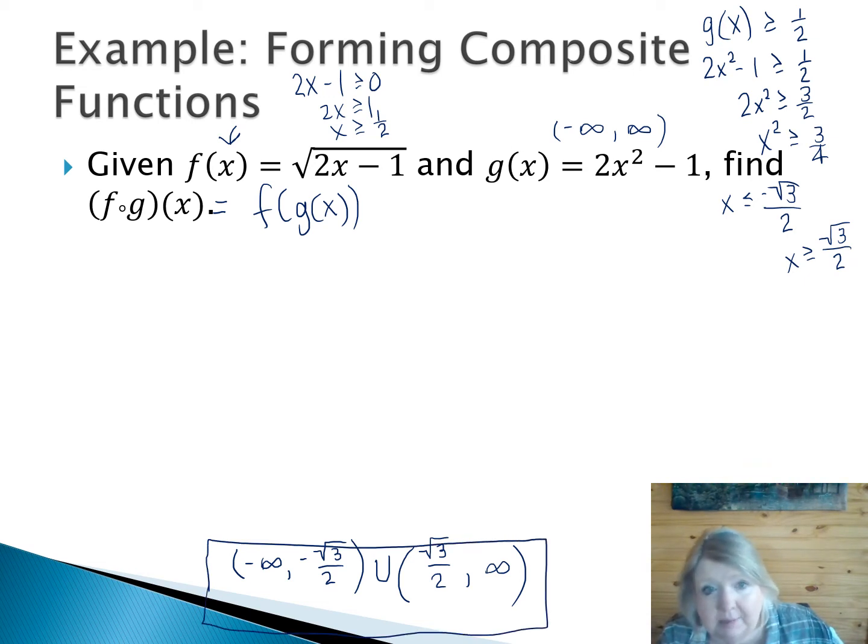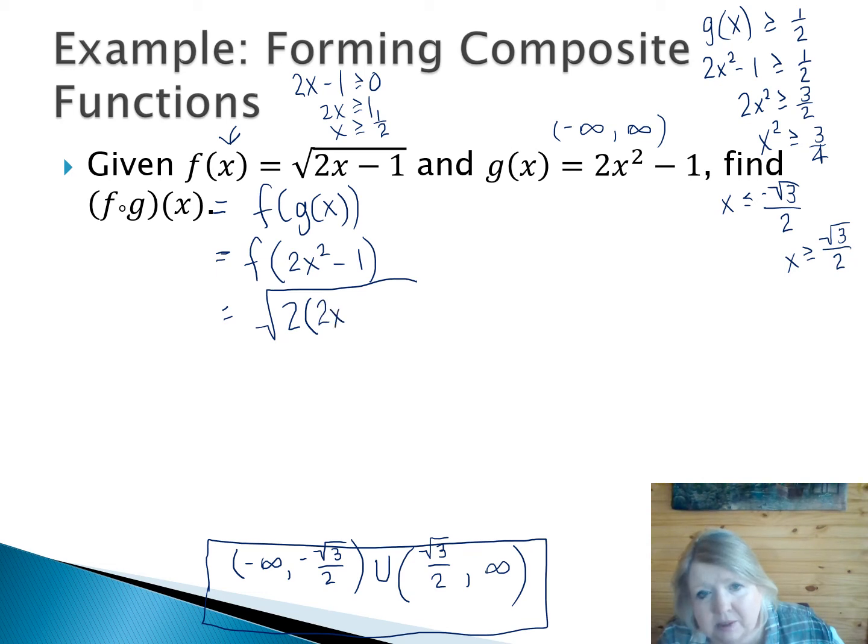Now that I've got the domain, let's go back and look at the composition, then we're going to look at something kind of interesting. So to find f of g of x, says I'm going to plug g of x into f, and so here's f, 2 times what's in parentheses, 2x squared minus 1, minus 1.